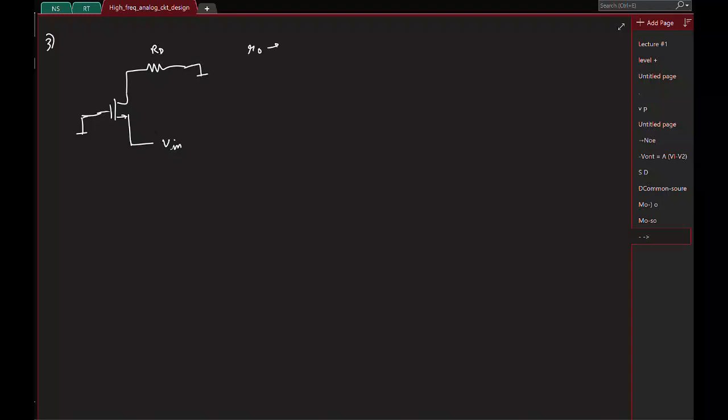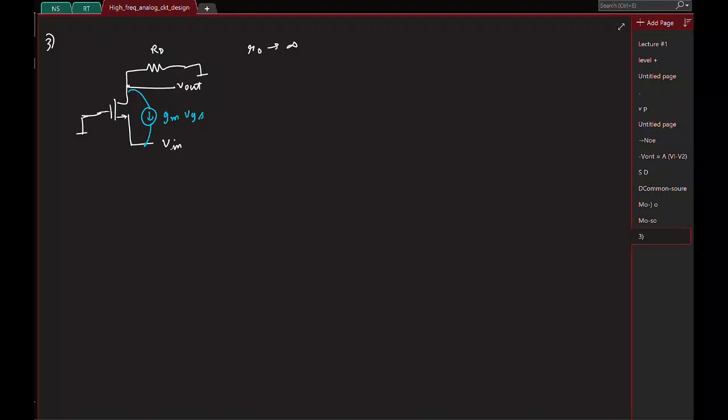And again, let's first assume R0 is infinity. So this is the output voltage. What is the output voltage? GMRD, right? Because now you just have GM VGS current like this.